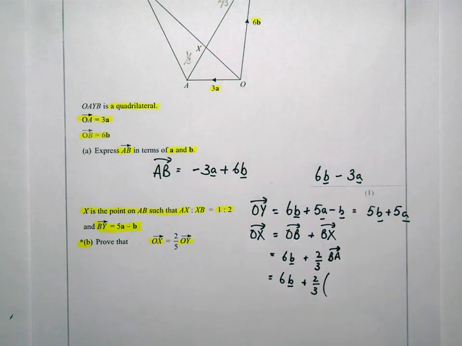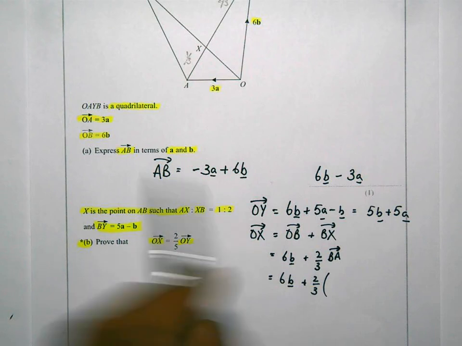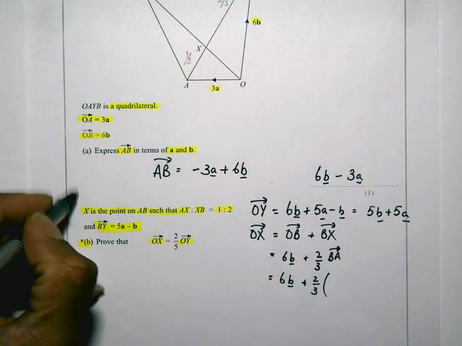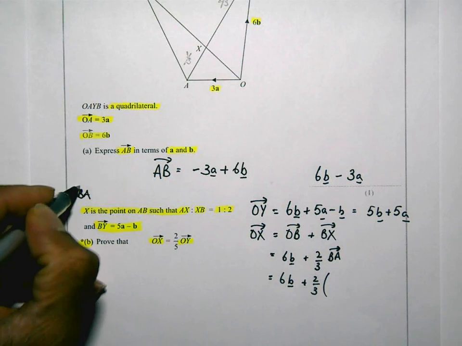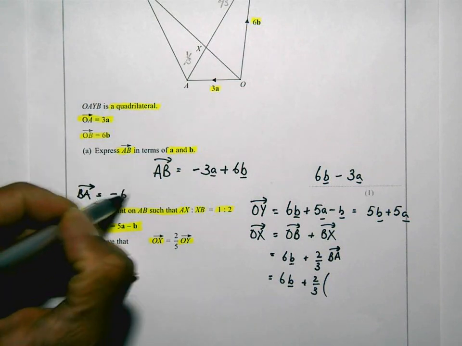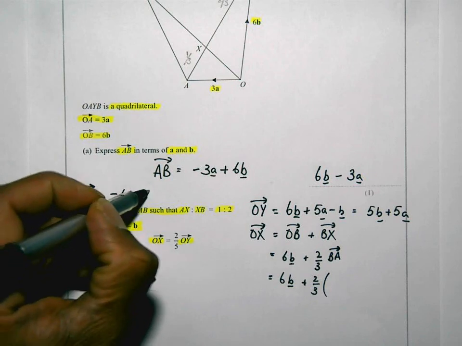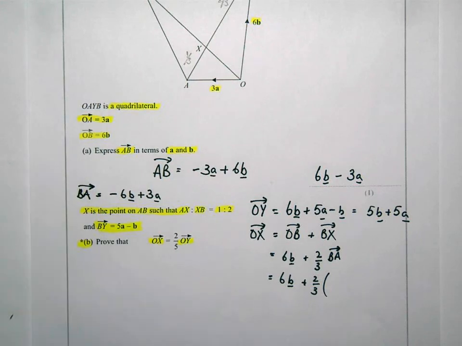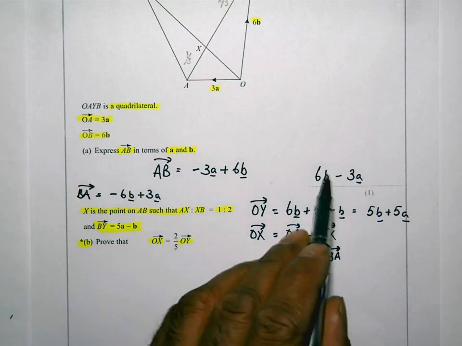If AB is that, that means that BA is going to be minus 6B plus 3A. You pass a minus sign through everything, or change the sign of everything. That changes to a minus, and that's changing to a plus.